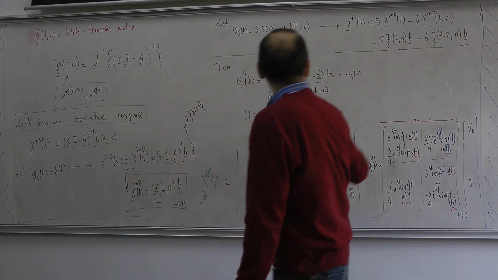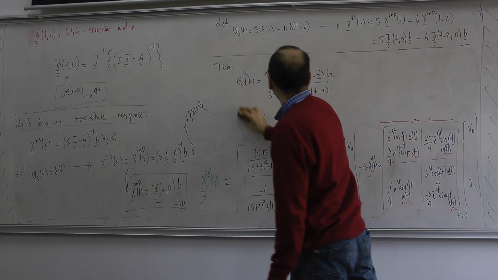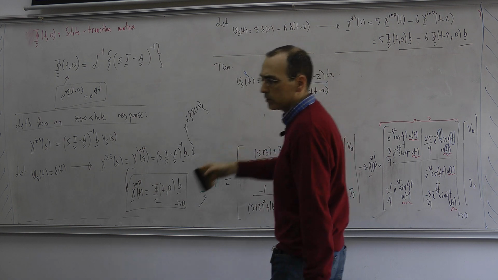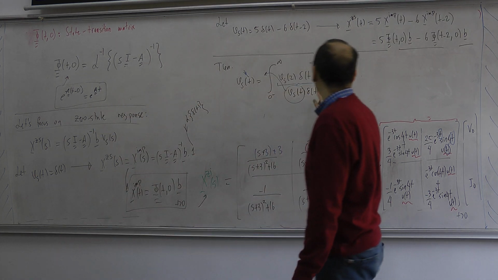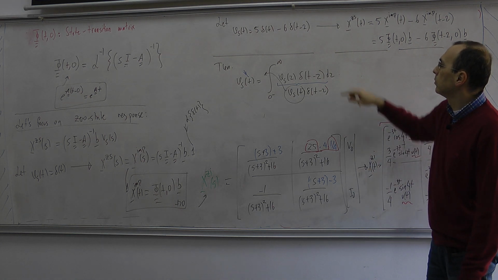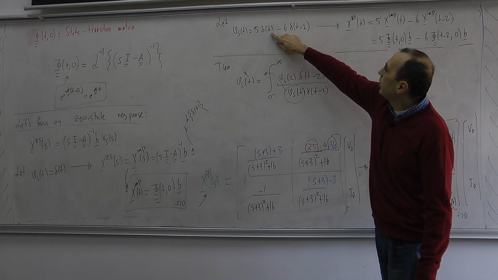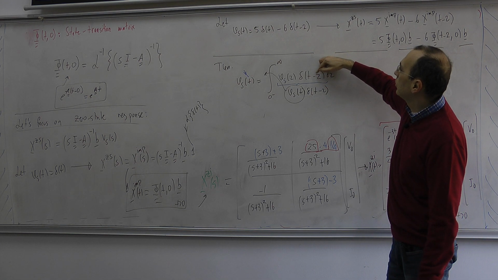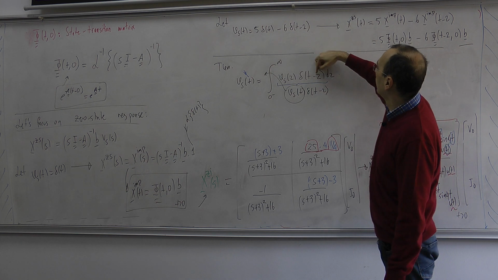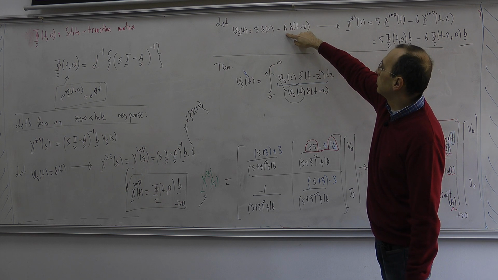But as you see, this generalizes the idea of having two impulses to a continuum of impulses. So for example, if I have an impulse at t equal to 0, tau equal to 0, its weight is 5, then tau equal to 2, its weight is minus 6.